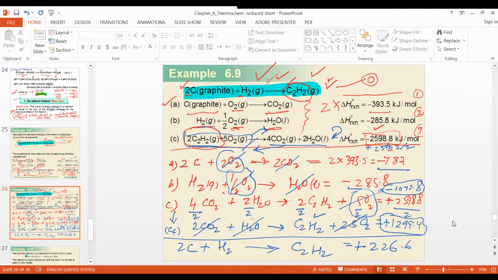Hess's law is that the summation of the delta H of all the equations gives you the same delta H as you determine by direct calculation, right? So there is no difference in delta H, whether you calculate directly or indirectly. The summation will be the same. Only the methods are different.